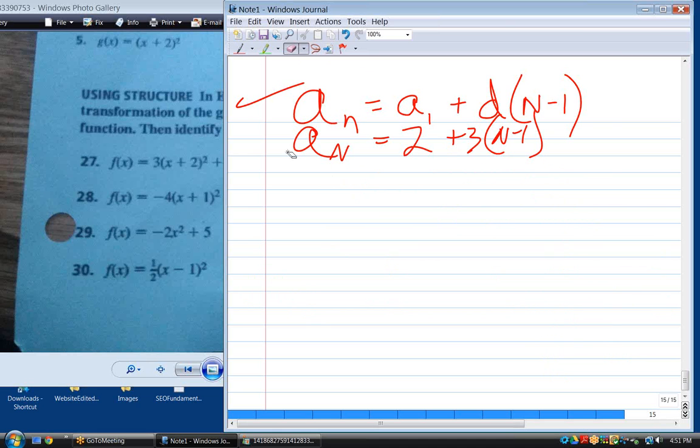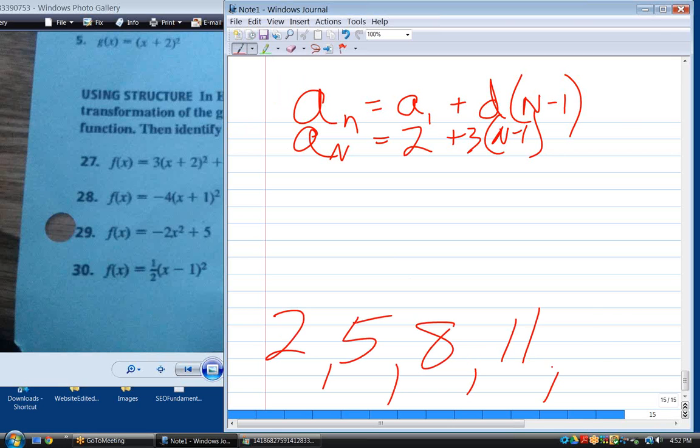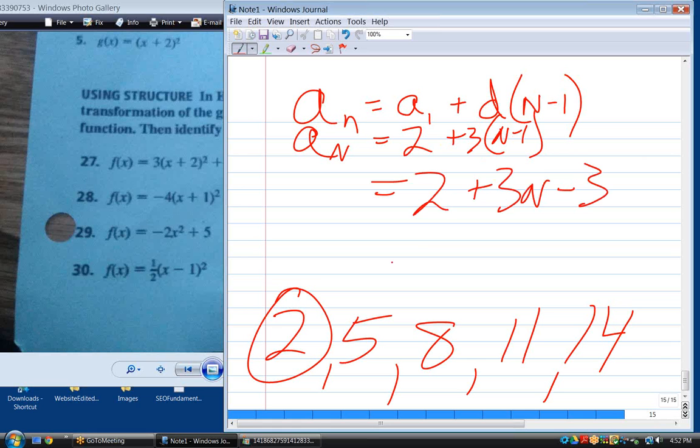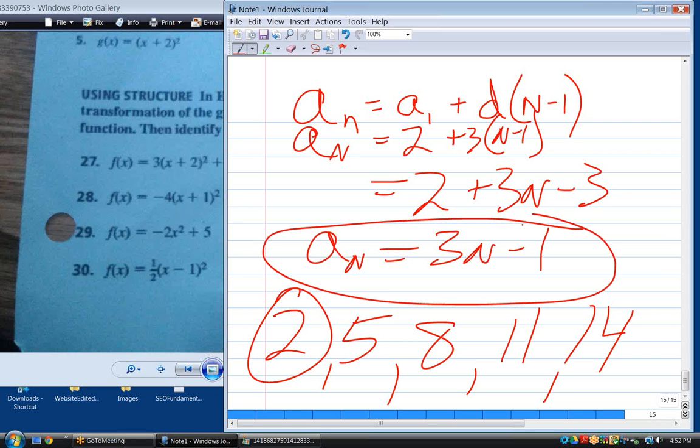In other words, for the sequence that I wrote, 2, 5, 8, 11, 14, if I said what is the specific nth term formula, well, I would substitute 2 for a sub 1, I would substitute 3 for d, and then I would reduce this. Well, that is 2 plus 3n minus 3. So the final thing is 3n minus 1. So there is the nth term for that particular sequence. You plug it into the general, and then you simplify, always.